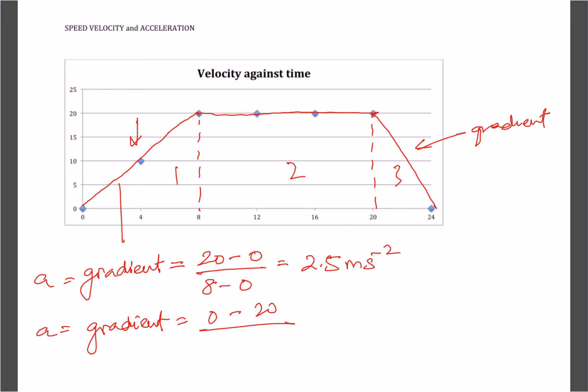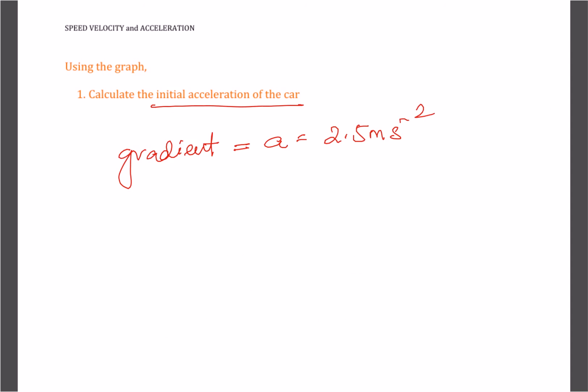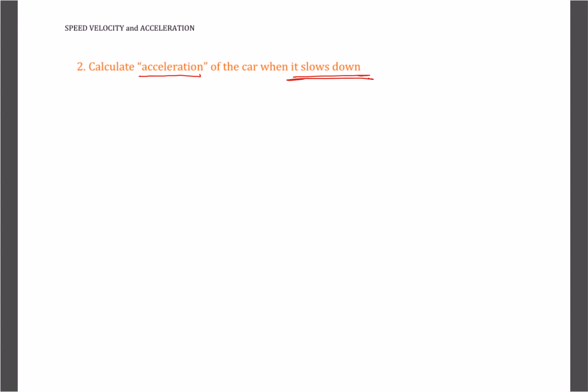Time is 24 minus 20, which is basically 4, and you actually get a value of -5 per second squared. Obviously it's slowing down, so in this case the gradient, A, is -5 meters per second squared.